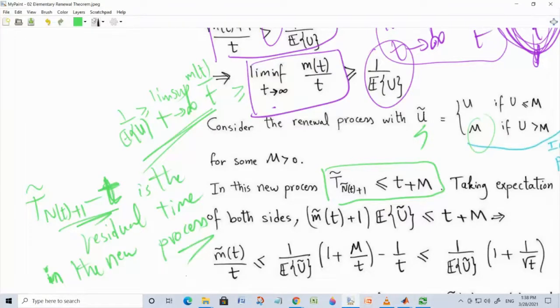Because the inter-arrival times cannot exceed M, if you inspect the process at any time t, the next arrival will happen somewhere before M seconds elapse.